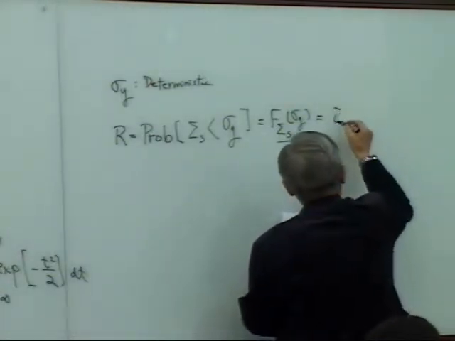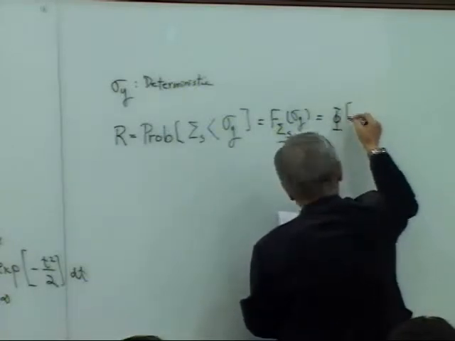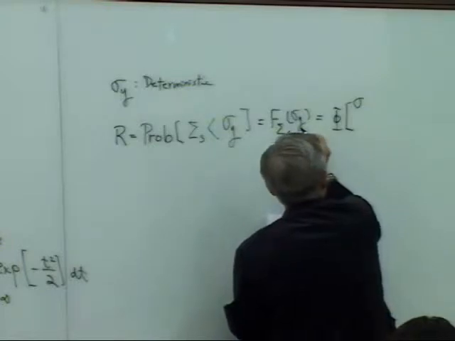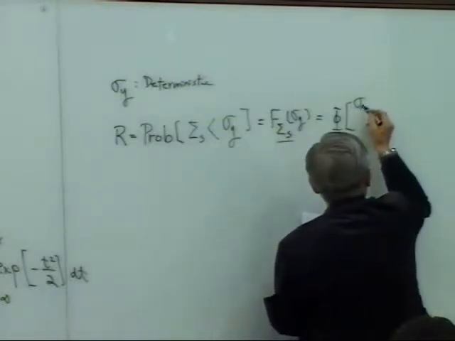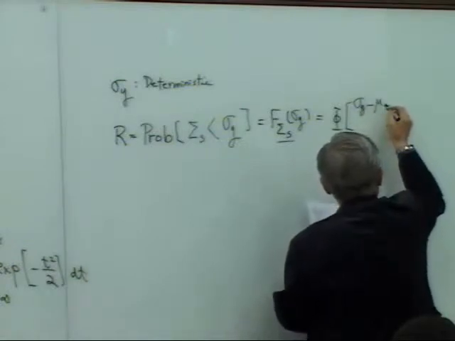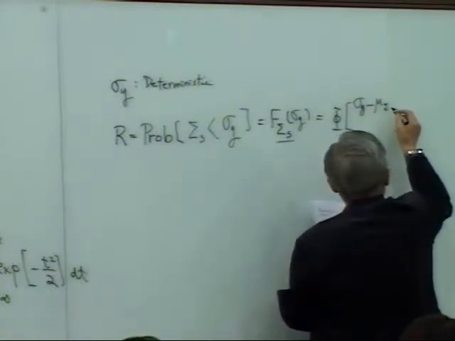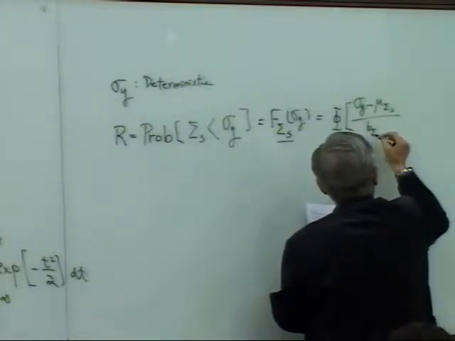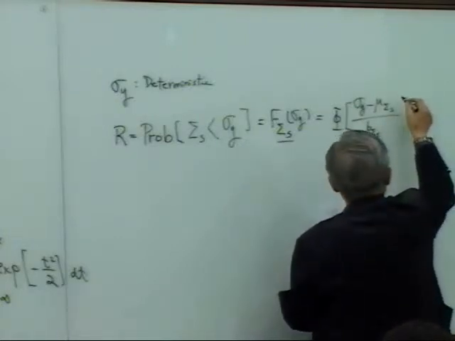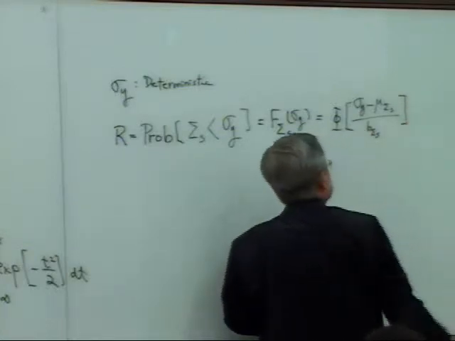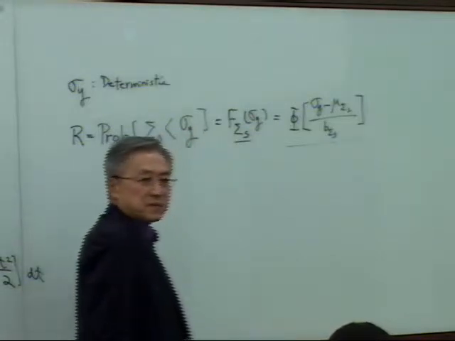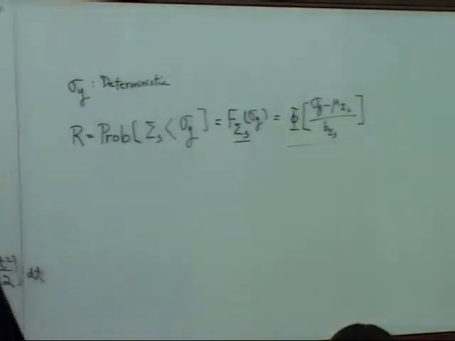So then you have phi. Now we have to replace sigma by sigma y. So sigma y, mu S over B sigma S. So now when you get there, you can read off the number from the table, things like that.